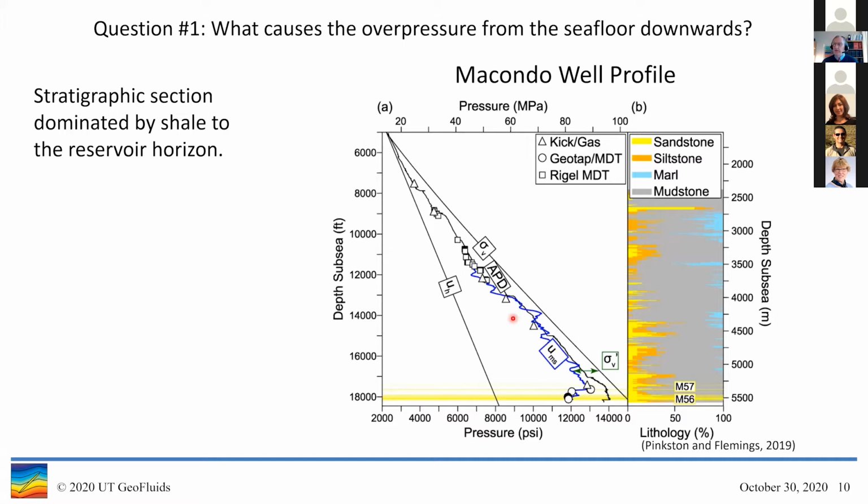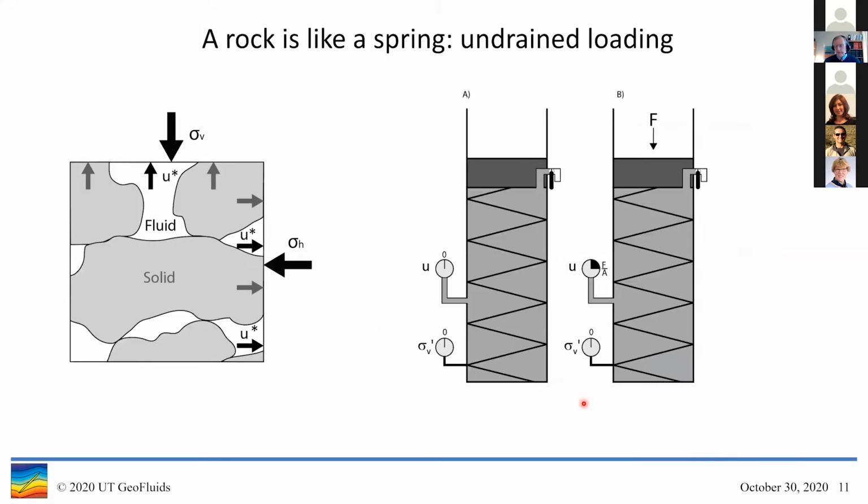And so the sedimentation was rapidly occurring during the evolution of this basin. Now, why is that important? We go back to this picture of the rock. And one of the common ways that we think about rocks is what's called a Terzaghi analogy, where we describe the rock as a spring, shown here.